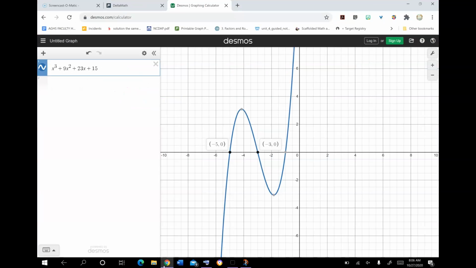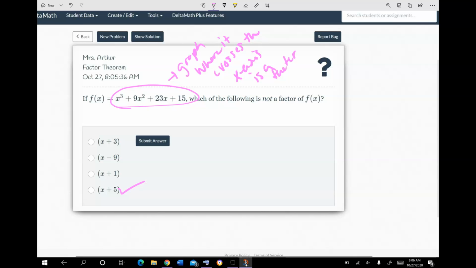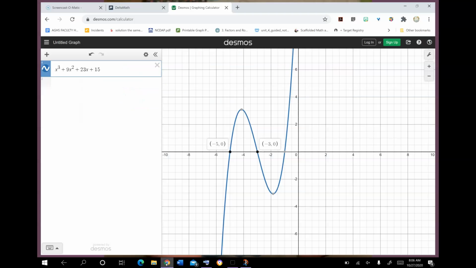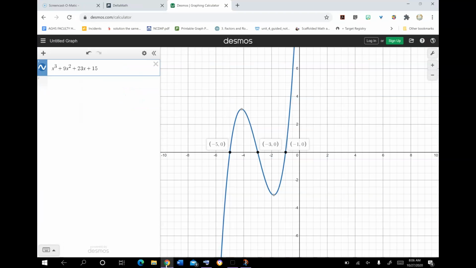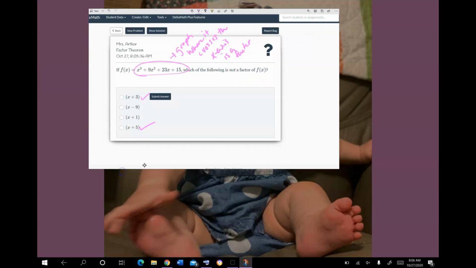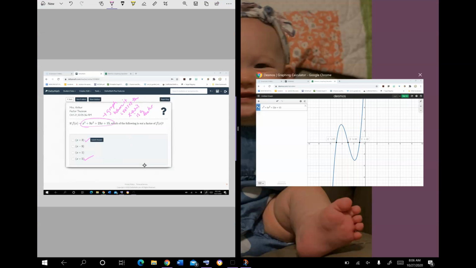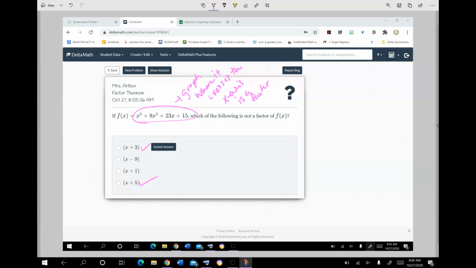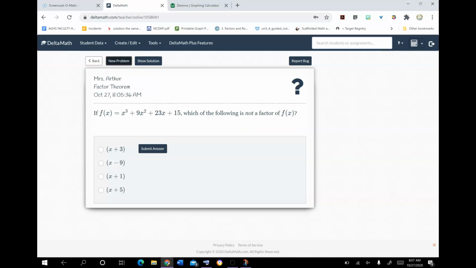This one is x plus 3, so x plus 3 is a factor. And then this one is x plus 1, so x plus 1 is a factor. So guess who's not a factor? x minus 9. It is not a factor.